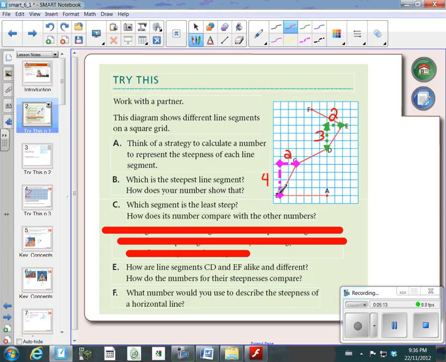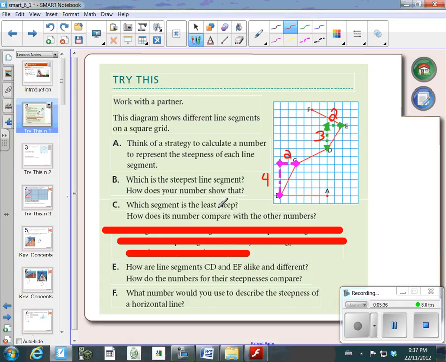Notice that a rise of 4 and a run of 2 is greater than a rise of 3 and a run of 2. So it says, which is the steepest line segment? How does your number show that? Well, my number shows that I've gone up more than what I went up over here, and it also shows I ran the same.